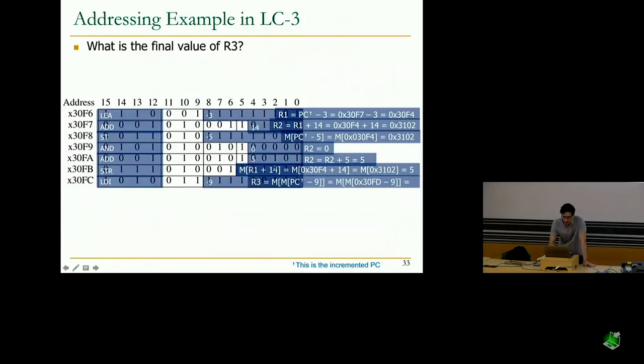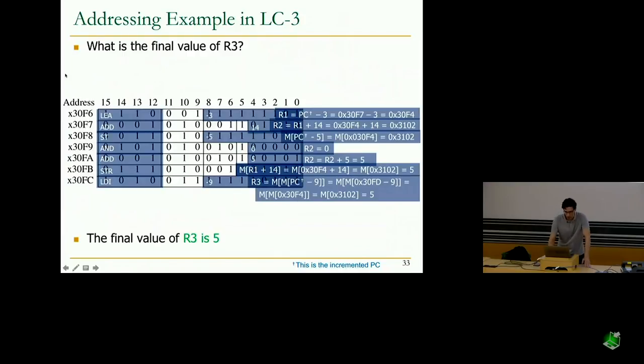And the last thing, and this is where we can see the final result that is stored in R3, we have an LDI, so this is indirect memory addressing mode. First of all, we calculate one address, which is PC minus 9. PC minus 9 is exactly 30F4, somewhere here.